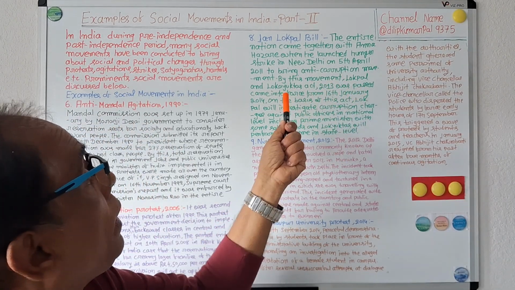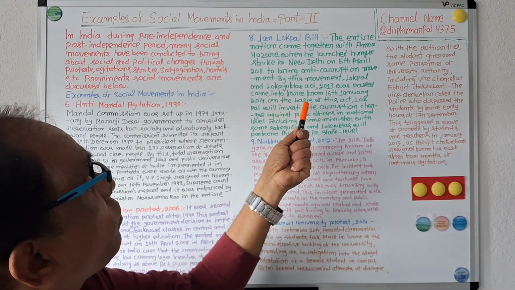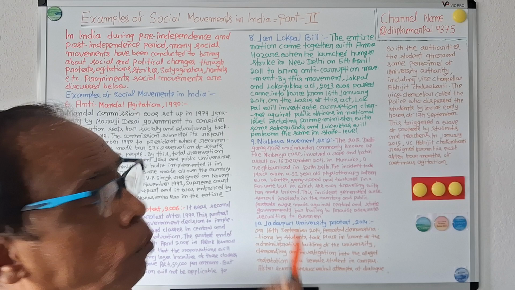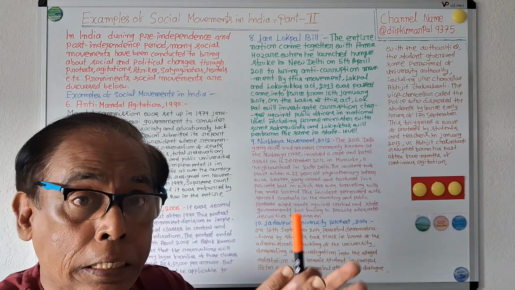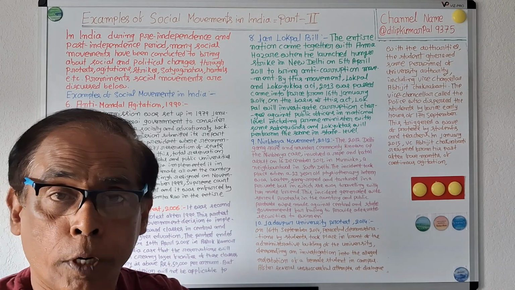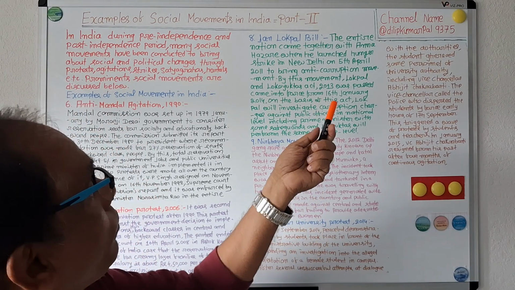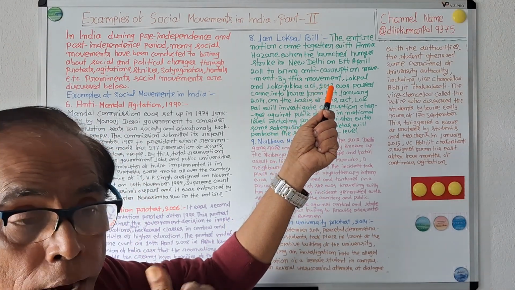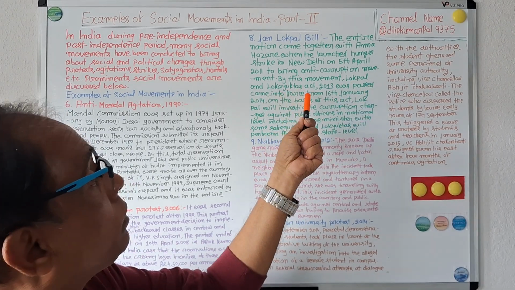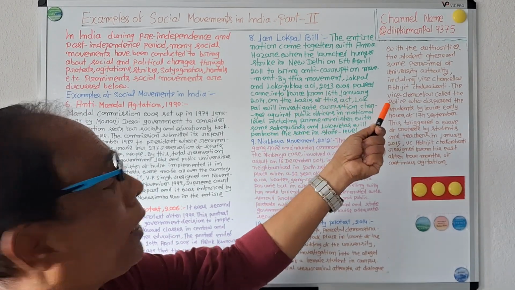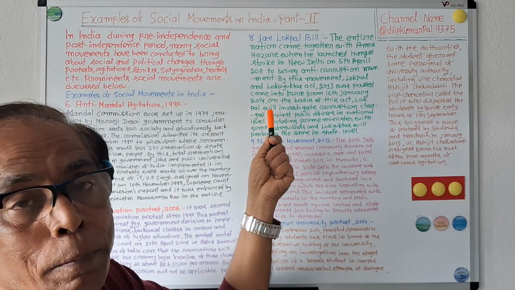By this movement, the Lokpal and Lokayukta Act 2013 was passed and came into force from 16th January 2014, when Anna Hazare started to bring about an anti-corruption bill against corrupt public officers.